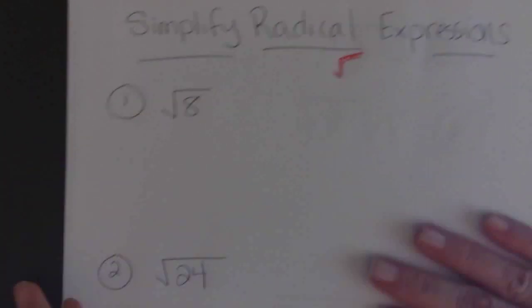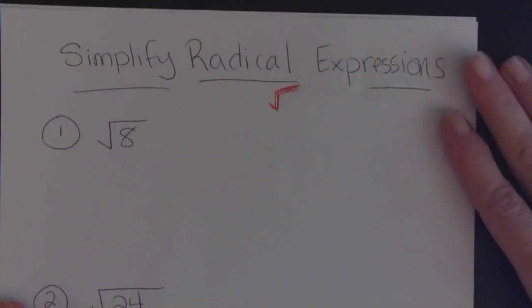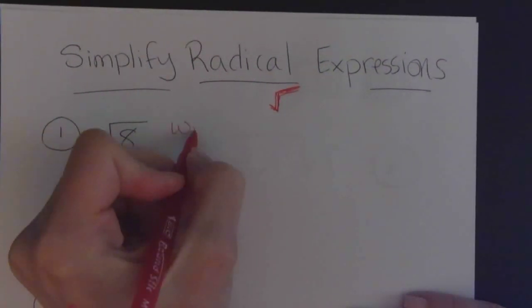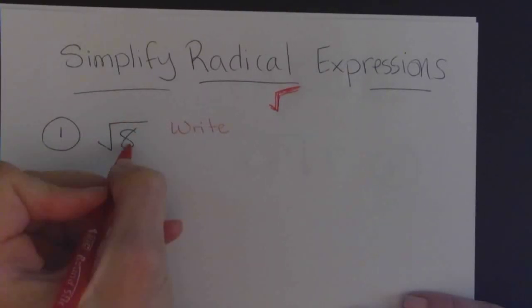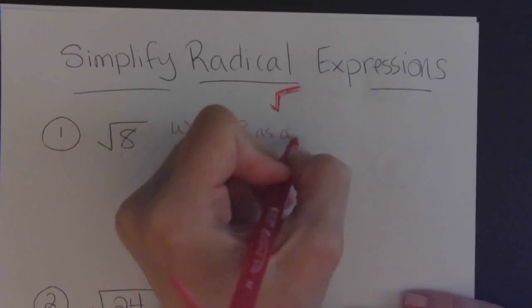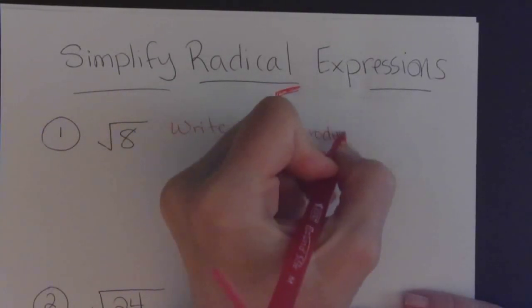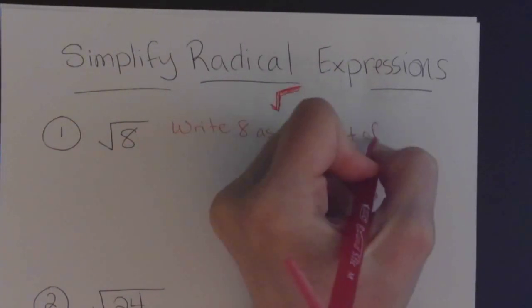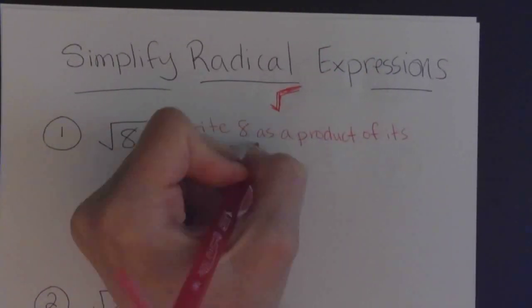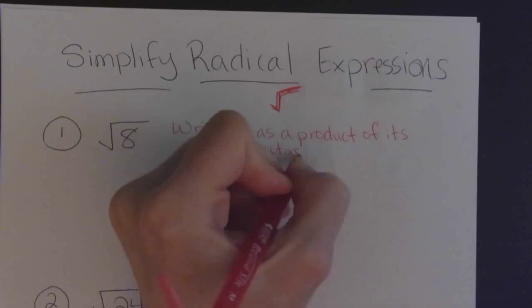So this is what you do. Now this is going to seem fancy, but it's not. I'll write it. You have to write this guy, 8, as a product, which means multiply, of its prime factors.